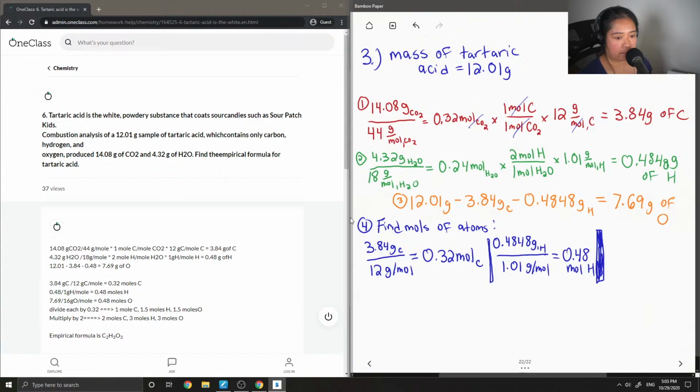And then we do the same thing for oxygen. 7.69 grams divided by the molar mass of oxygen, which is 16 grams per mole. And we get 0.48 moles of oxygen.